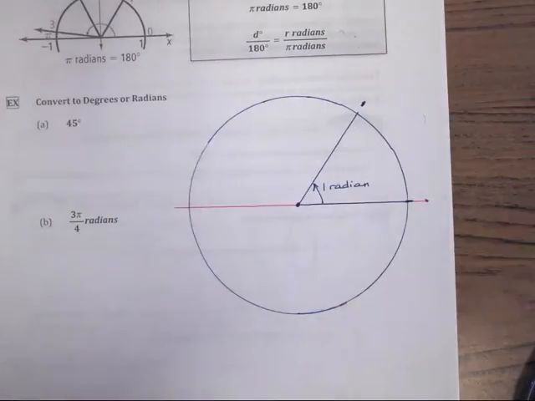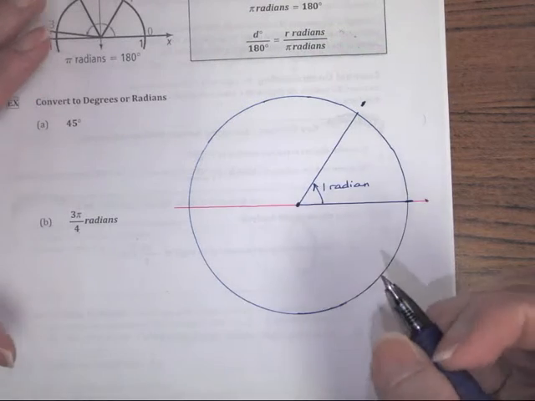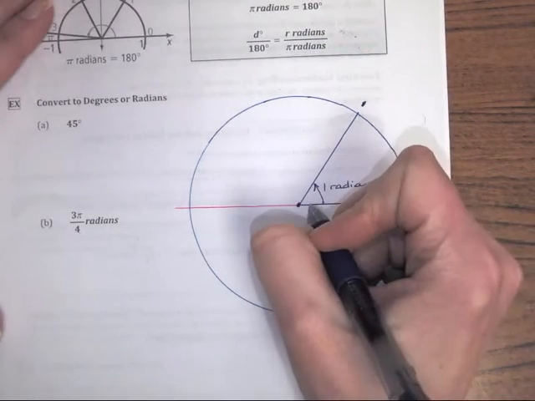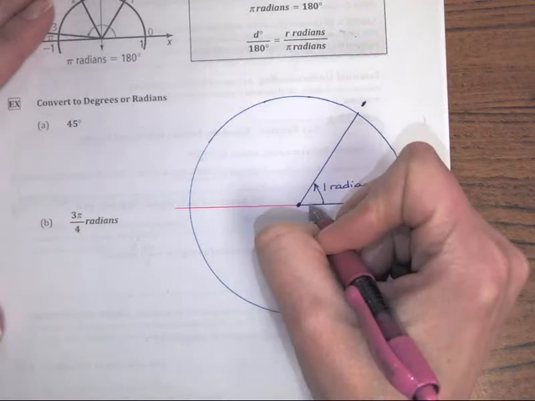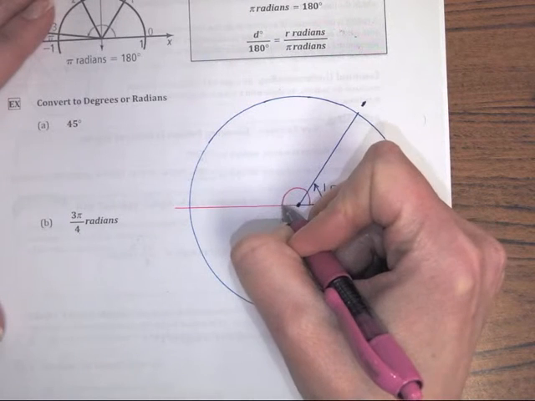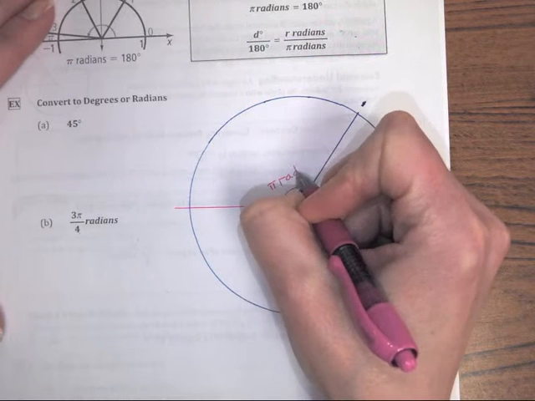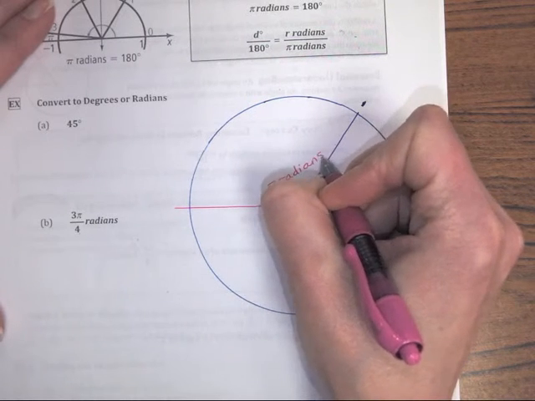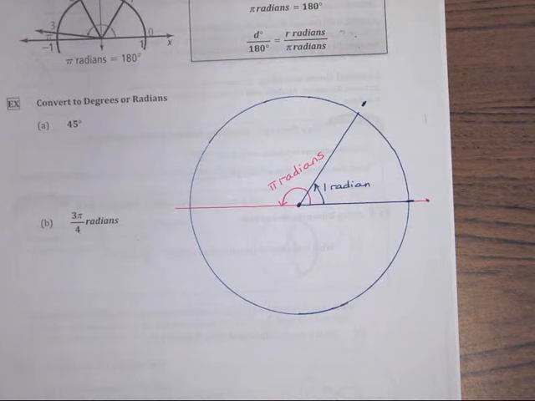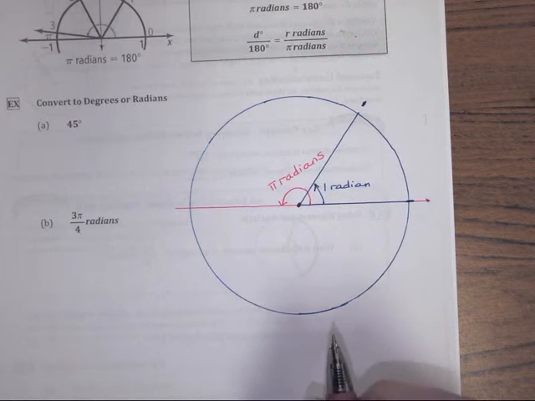Which brings up an interesting point. We talk about radians in terms of pi. So this distance right here, this angle measure, is pi radians. And would you agree pi radians then is equal to 180 degrees?